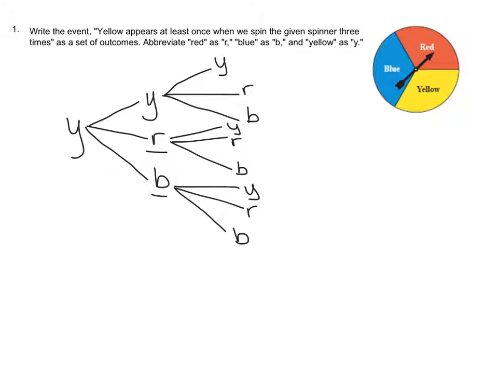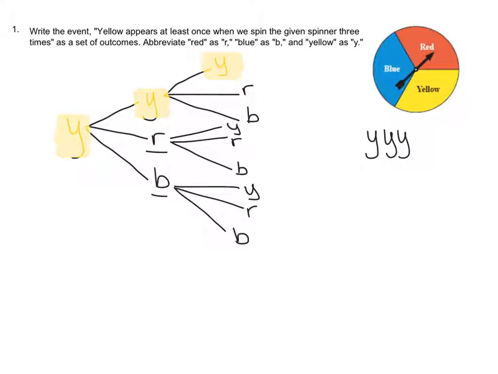To write the outcomes, we'll just start at the first spin, which is a yellow. And then we'll follow the branch to the next yellow, and then the next branch to the third yellow. My first outcome is yellow, yellow, yellow, or YYY. Now I'm going to do the same thing, just following the tree to list my second outcome.